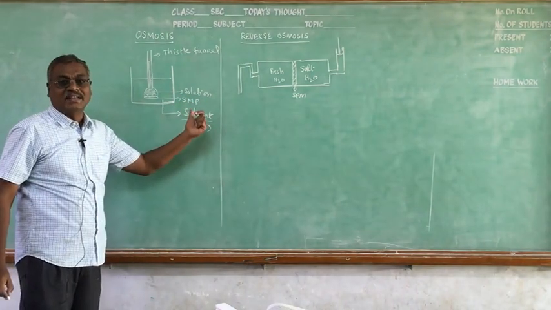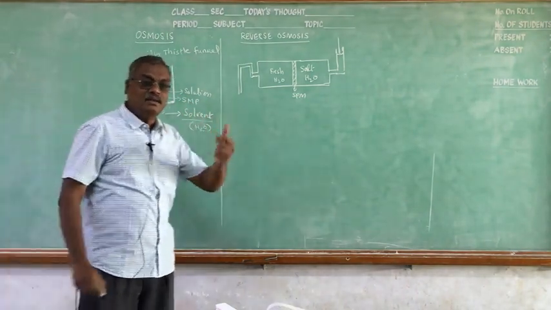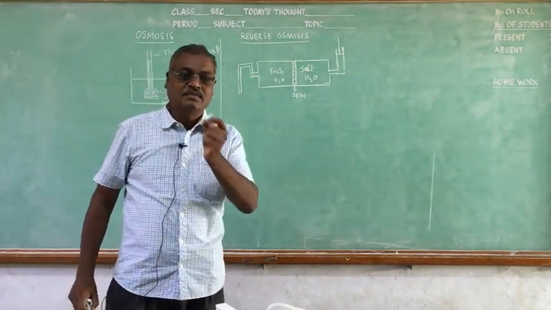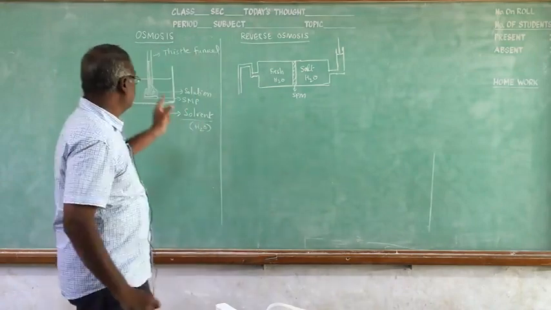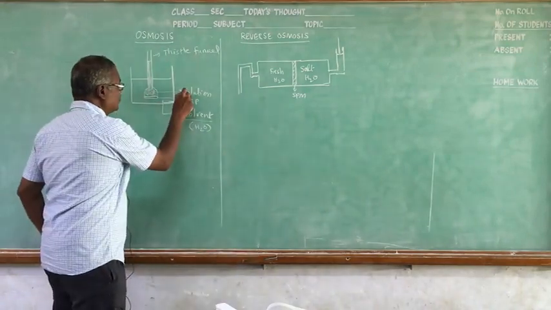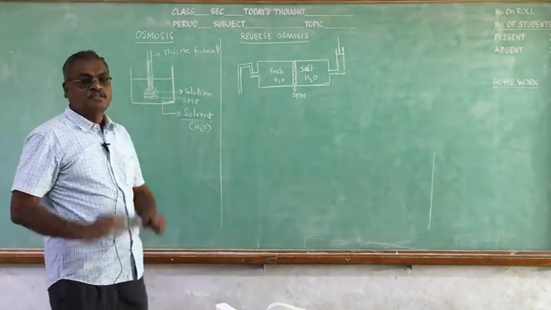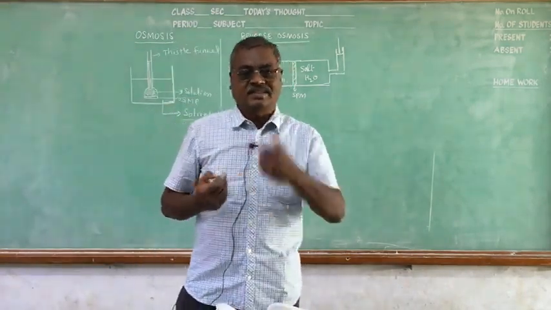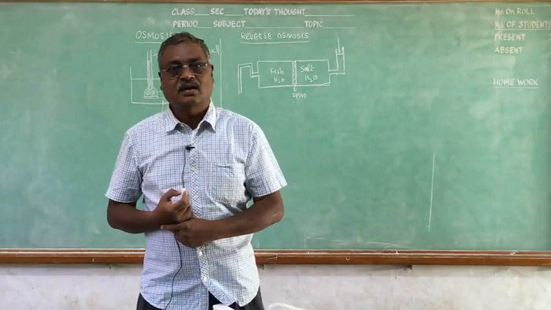I am writing SMP. SMP means semi-permeable membrane. So animal bladder will act as a semi-permeable membrane, and inside that I took a solution. Now which is more concentrated, solution or solvent? Yes, exactly. The solution is highly concentrated.